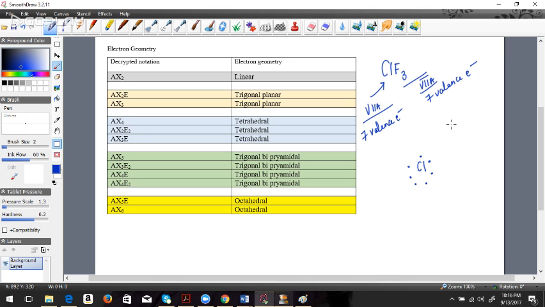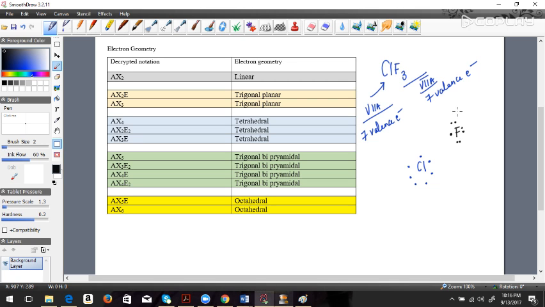Now I'm going to switch colors here, and each fluorine has got 7 electrons. But keep in mind, for the outer electrons, when it's more than 2, we should try to split them into pairs of 2. If I split 7 electrons into pairs of 2, I'm left with 3 pairs and an odd electron.